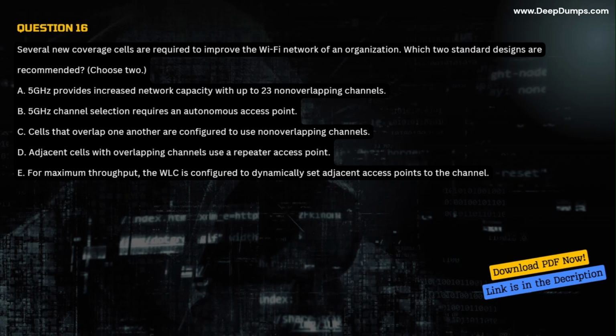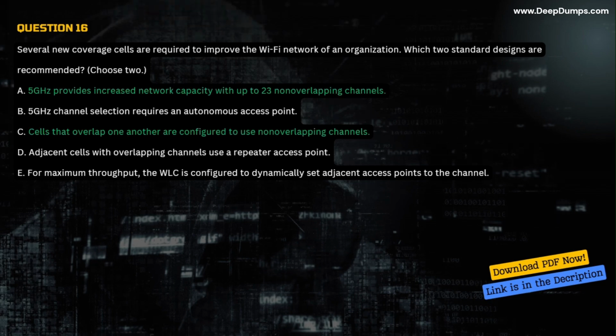C. Cells that overlap one another are configured to use non-overlapping channels. D. Adjacent cells with overlapping channels use a repeater access point. E. For maximum throughput, the WLC is configured to dynamically set adjacent access points to the channel. Correct answer A and C. 5 GHz provides increased network capacity with up to 23 non-overlapping channels.